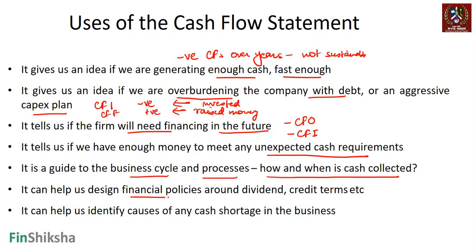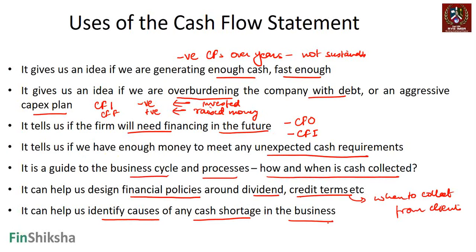It can help us design financial policies around dividend, credit terms, when to collect money from the clients, correct? Or customers. That's basically what will get defined based on how much leeway you have and how much cash you are generating. And it can help us identifying causes of any cash shortage in the business. So where is the cash getting drained out? That is what is going to come from the cash flow statement, right?